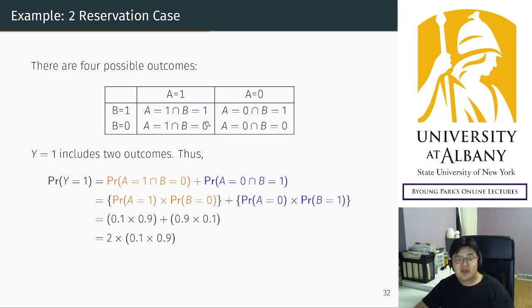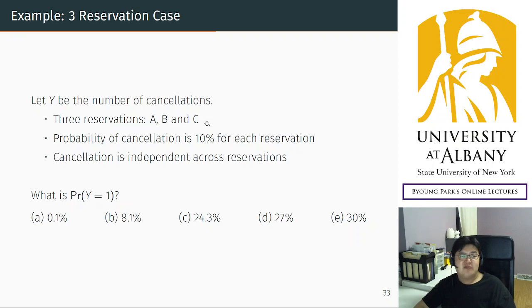So if you get it, I'm going to continue to the 3 reservations case. Now it becomes slightly more difficult. Now we have 3 reservations, A, B, and C. Still, we define Y as the number of cancellations among the 3 reservations.